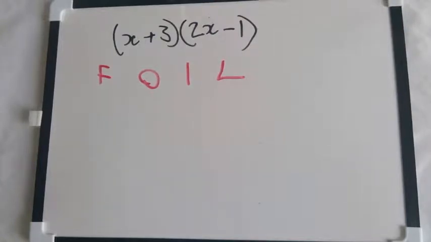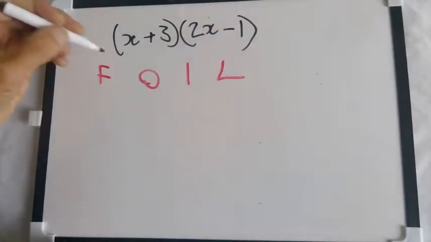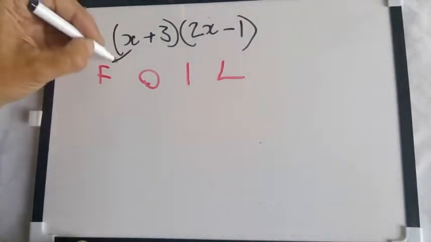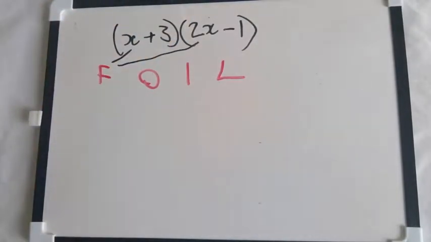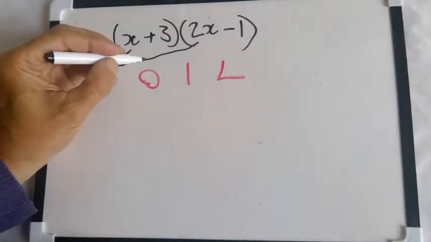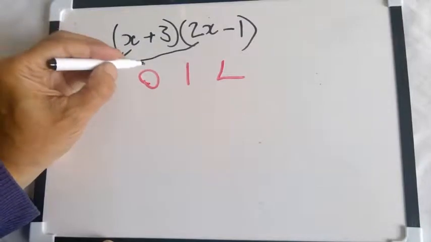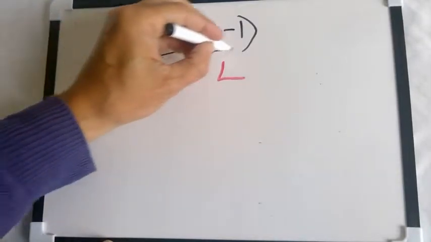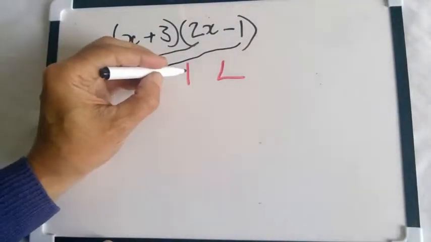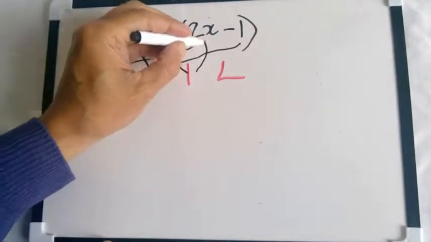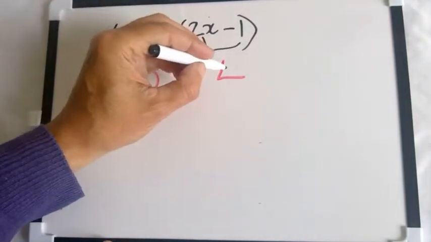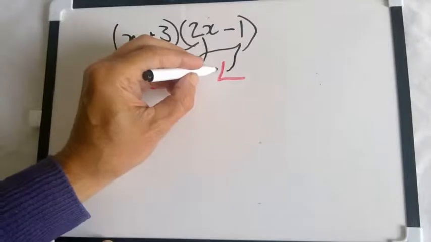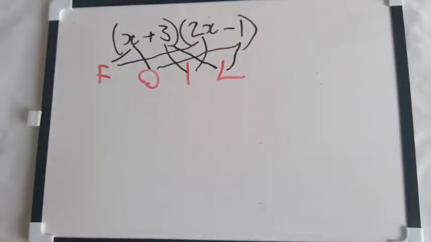F stands for the first members in each bracket. O stands for the outside ones, there and there. I is the inside, these two inner ones here. And L is the last individuals in the brackets.